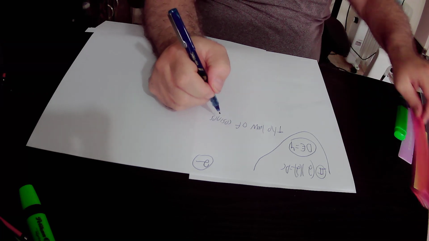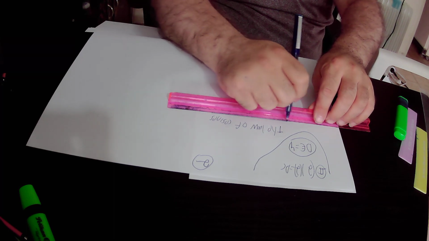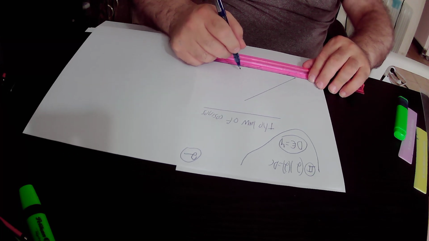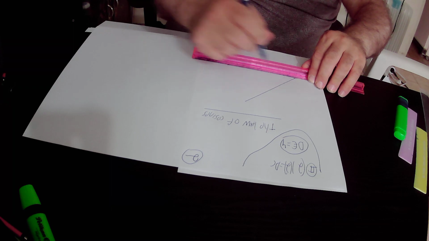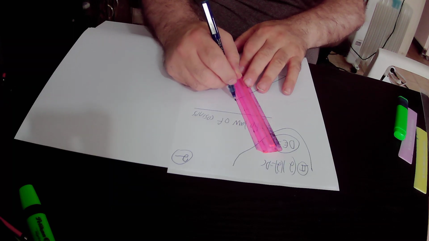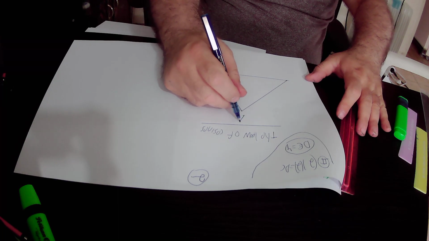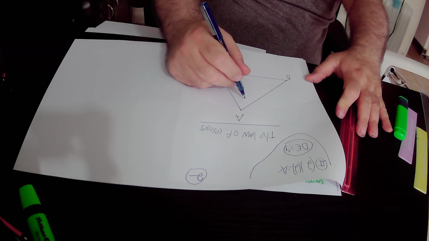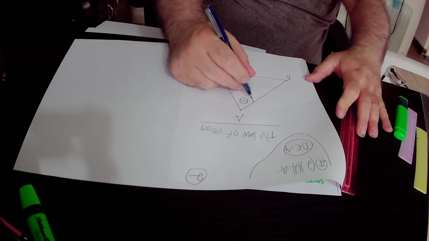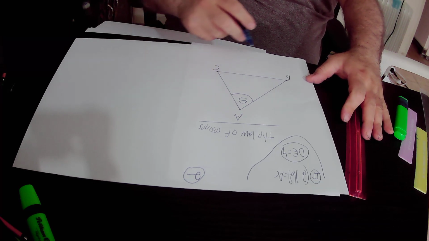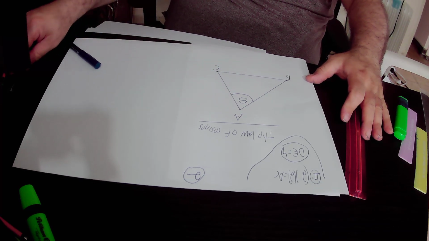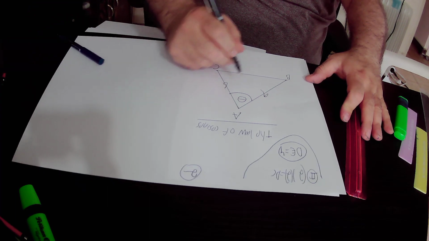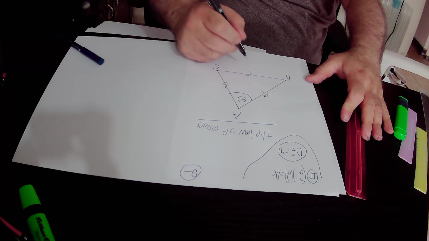If we have triangle ABC, that could be any triangle, angle B equals theta, side AB equals a units in its length, side AC equals b units in its length, and side BC equals c units in its length.